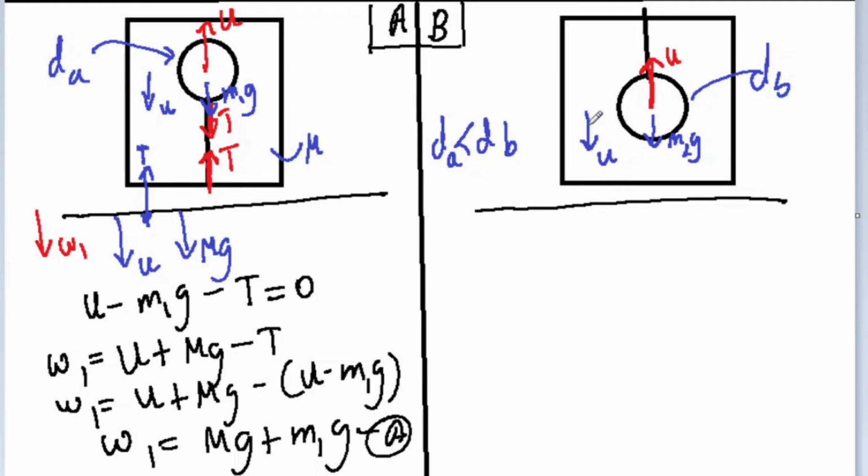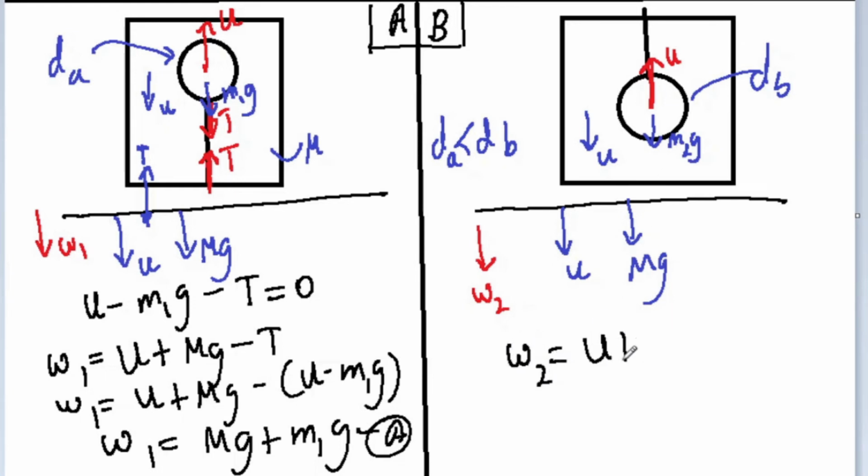It will act on this surface as well. And this liquid is the same liquid with the same volume, so the same mass as the earlier system will act on this surface. So if the total weight, let's call it W2, acting on this system, then we can write W2 as U plus Mg. So that would be equation B.